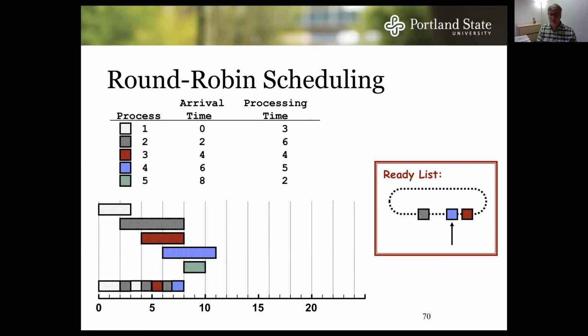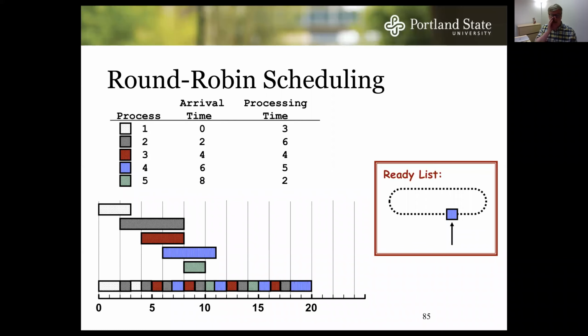Then it will run process 4, which has now arrived in the ready list. And then it will run process 3, then process 2, then process 5, which has now arrived, then process 4, then process 3, 2, and so on as it goes along, and all of the processes are run until they're completed.